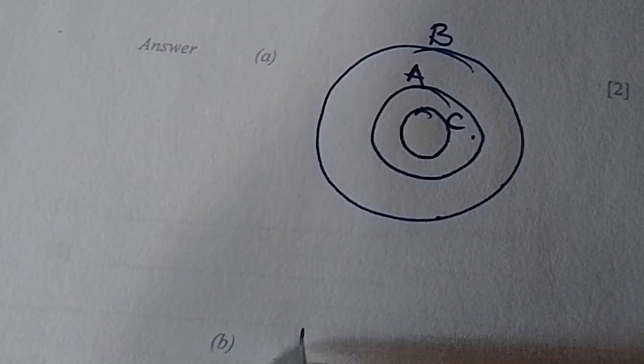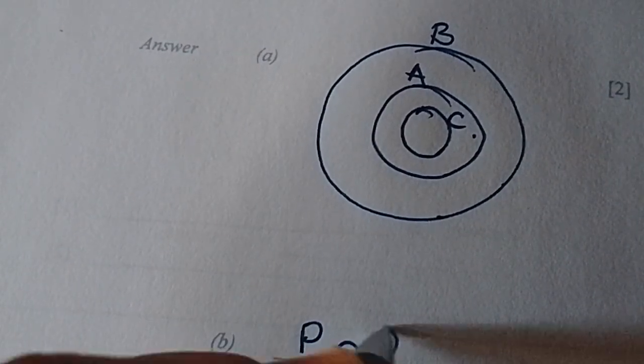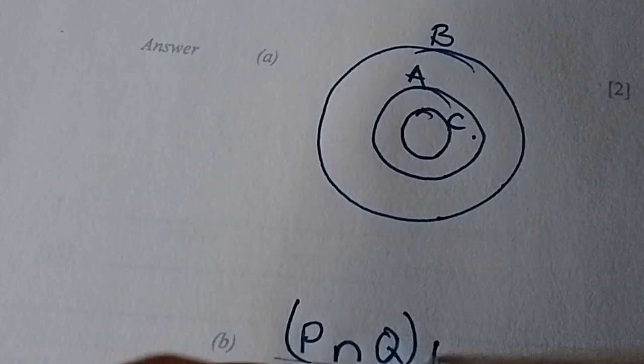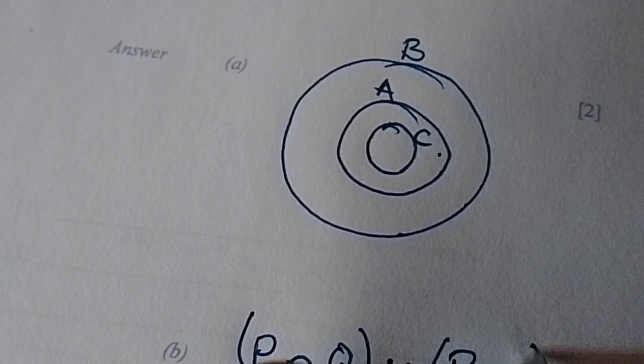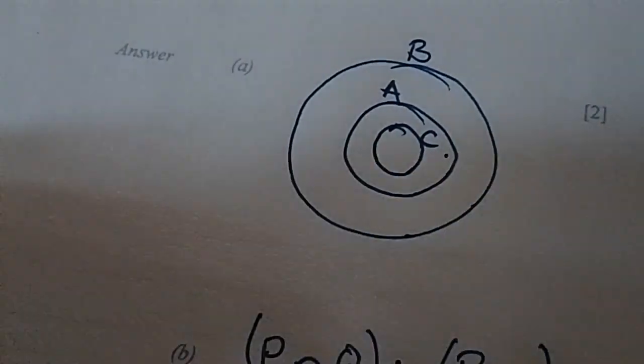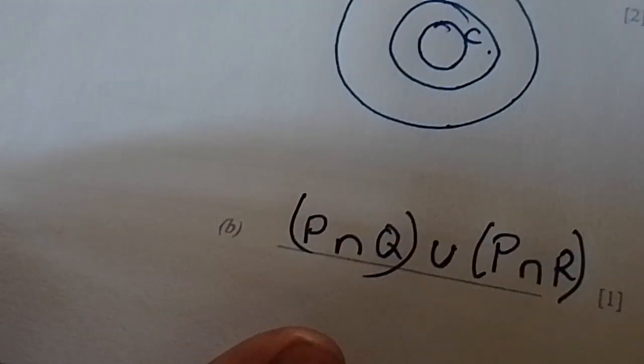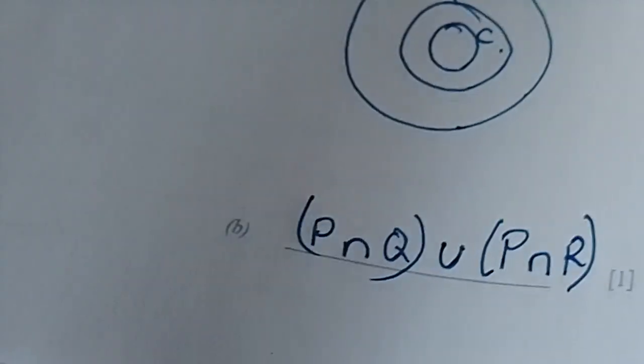So it's P intersection Q union P intersection R. That's our set notation.